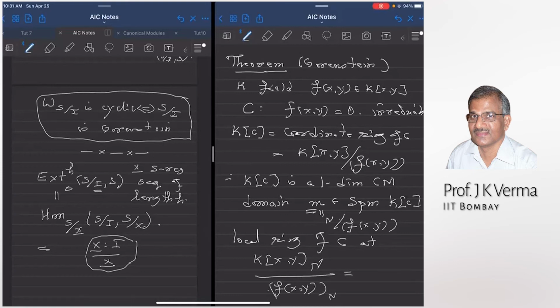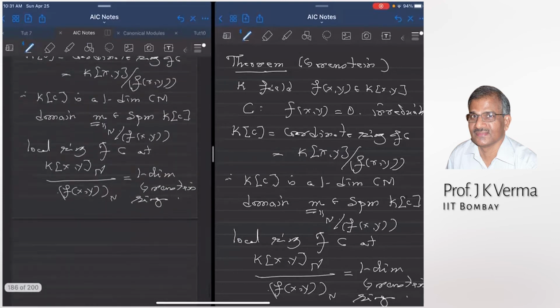But this is a regular local ring going mod a non-zero divisor. A regular local ring is Gorenstein, and we have proved that a Gorenstein ring mod a non-zero divisor is a Gorenstein ring. So this is a one-dimensional Gorenstein ring.